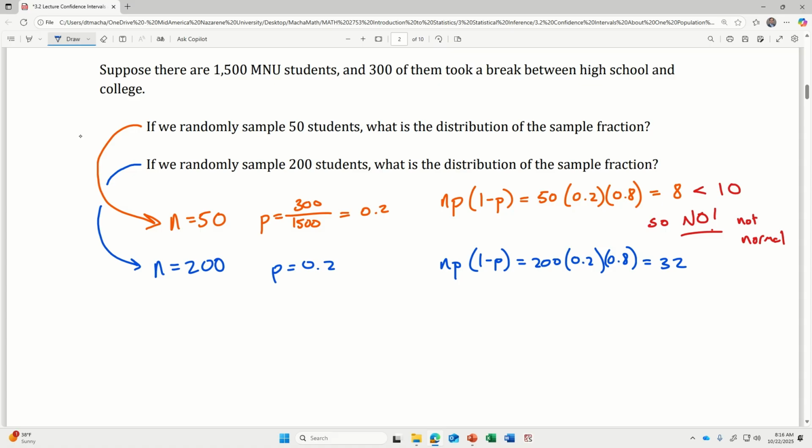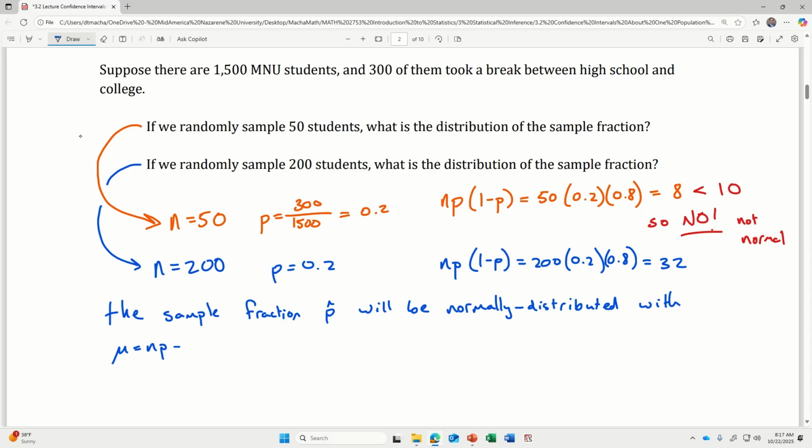So that means the sample fraction will be normally distributed with a mean equal to n times p. So a mean would be equal to 40.